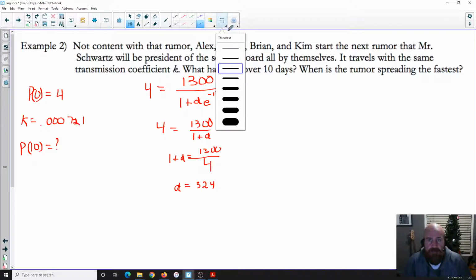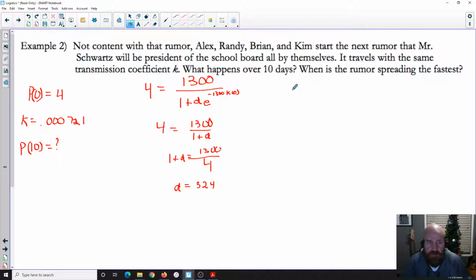And now we take this and plug it into our equation. We want to know p of 10. We already know k, so we don't have to do that step. So p of 10, sorry. That's terrible looking.